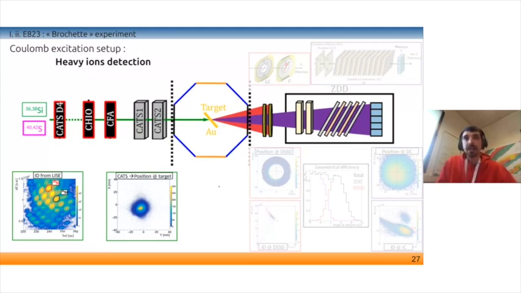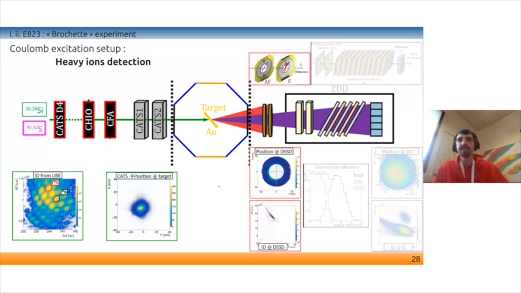And after the target, it was mandatory to determine the particle outgoing from the target. So we use a pair of DSSD in order to track the identification of the particle, but also track the position and the angle of the particle outgoing from the target.